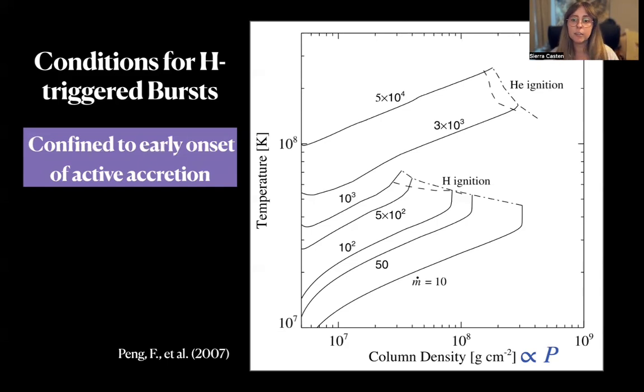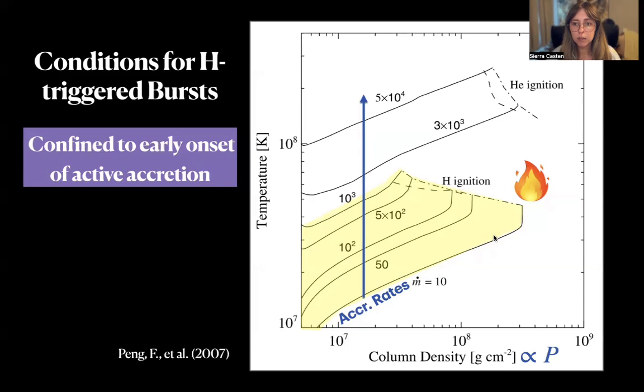These solid lines here are called ignition curves, but as you go up the ladder, it's going to be increasing in accretion rate. And the idea here is that as you follow along one of these solid curves of an accretion rate, then you will reach this condition here with the dash lines where hydrogen will ignite, or up here where helium will ignite.